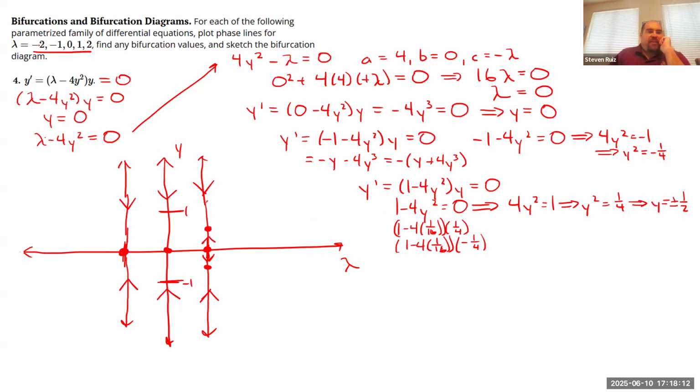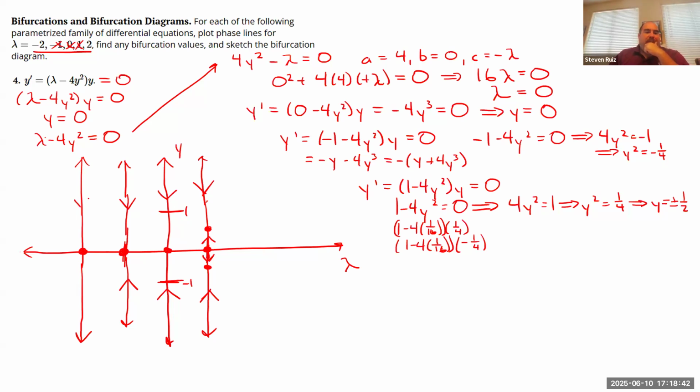So now I have phase lines drawn for -1, 0, and 1. Here's the good news. I can draw the phase line for -2 right away because I found my bifurcation point and I'm understanding how this differential equation works: when lambda is negative, I can't possibly get any other equilibrium points except for y equals 0.